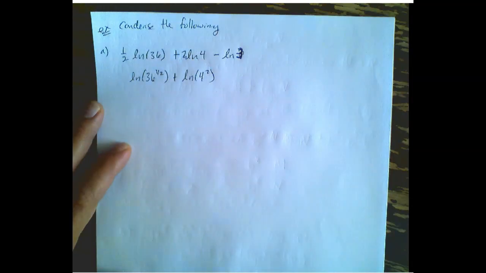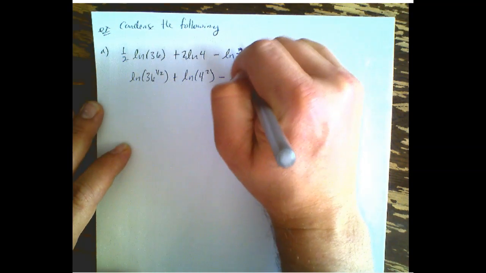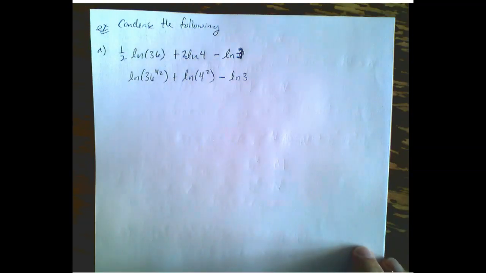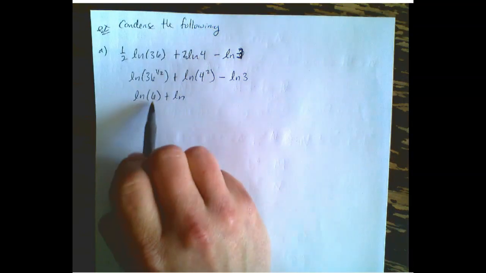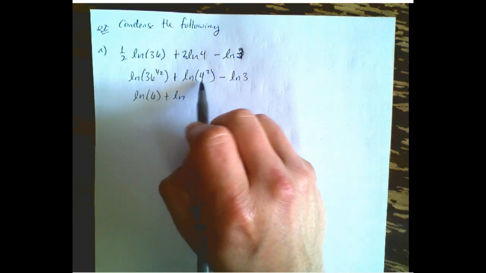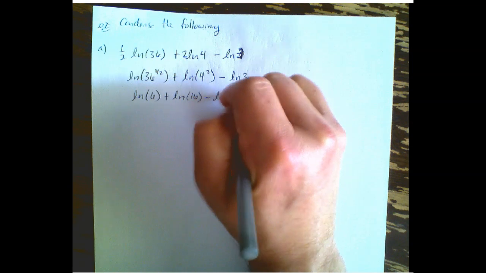We're just moving those multiples back to the powers. And this guy doesn't have a multiple. We can actually simplify this since there's some numbers. So natural log of 36 to the 1/2 is like the square root of 36, so that's 6. Natural log of 4 squared is 16, minus natural log of 3.